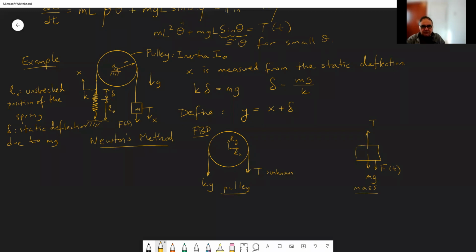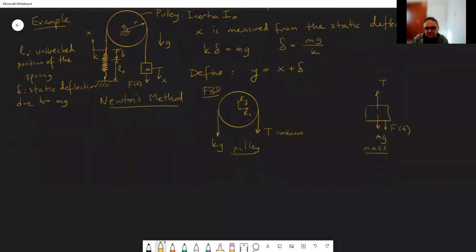We have to write equations for each of them now. For the pulley, we write a moment equation because it's rotational. Let's do this clockwise, and this distance is r. Tr minus Kyr equals I0 times alpha.